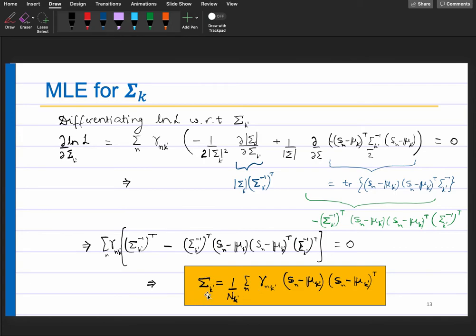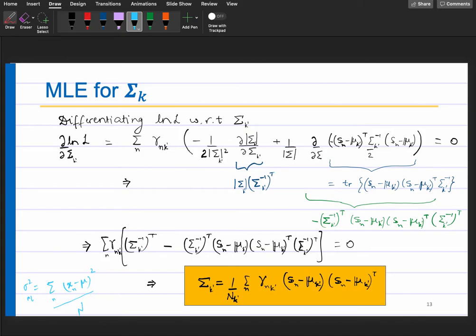So the variance, or the covariance matrix, is given by S minus mu k. If you compare it with your Gaussian case, with a single Gaussian, let's say a univariate Gaussian, what was your estimate for sigma square? Sigma square ML was equal to the summation of x minus mu whole square, summation over all n, divided by capital N, right?